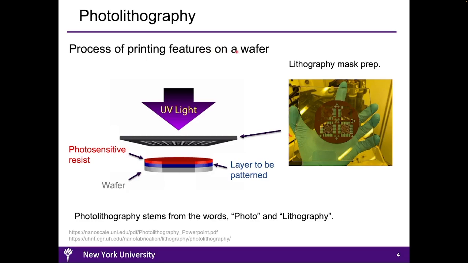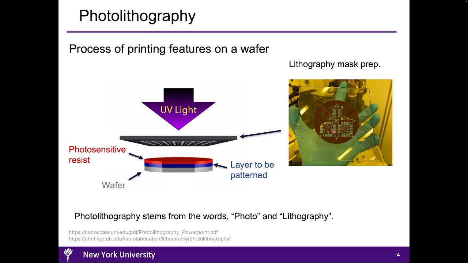Specifically, the photolithography technique images a structure presented in a lithography mask, as shown here, onto a light-sensitive resist that has been deposited onto a substrate, as shown here. The schematic here illustrates the photolithography process. The image on the right-hand side shows the lithographic mask where the patterns are created on a glass mask.